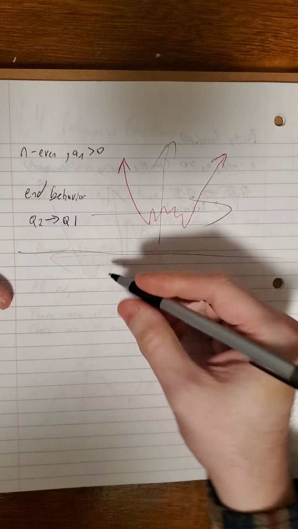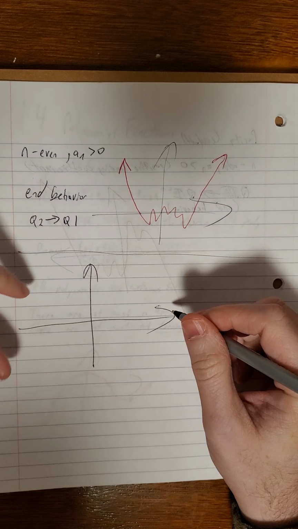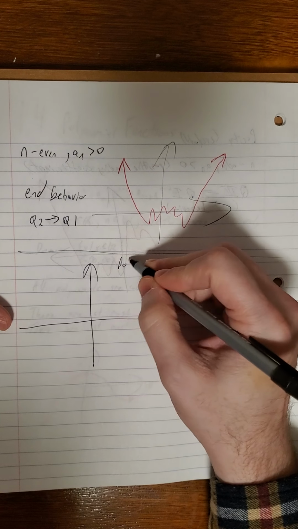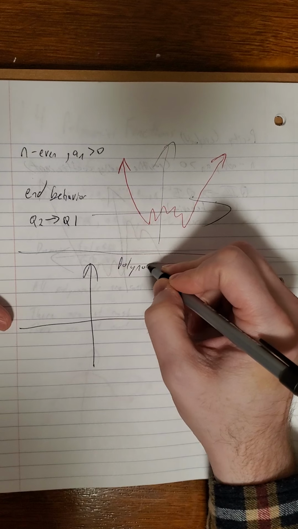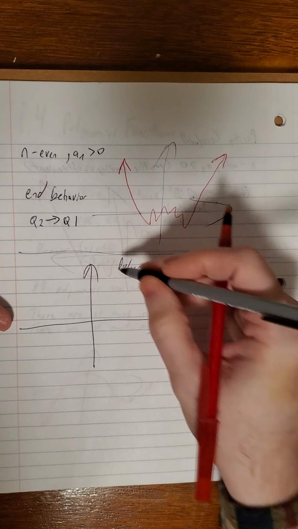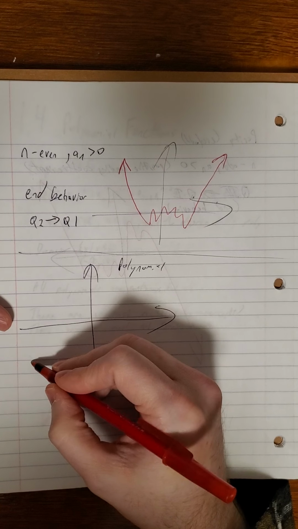So if we take a look at a sketch, and we don't even need scales on this, just a sketch, and we're told that this is a polynomial function, we can tell some key information about that polynomial.